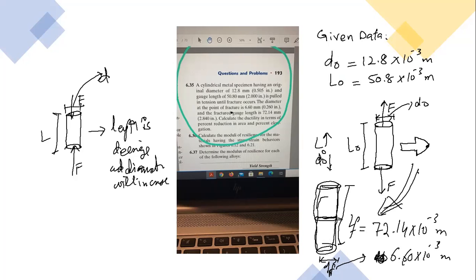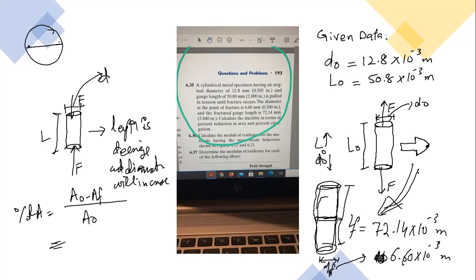Okay, so how can we solve this? Do you have an idea? Yes, of course. We will use the percentage reduction in area, equal to A naught minus AF over A naught. So what is A naught now?